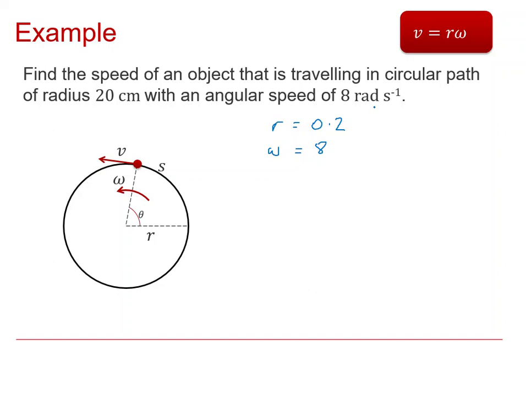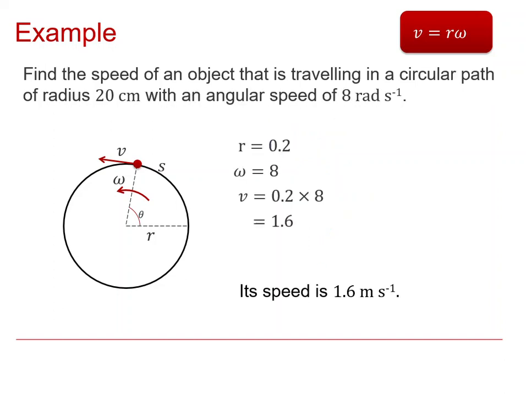We've extended our idea of standard units to say that when we're talking about circles we use radians and hence radians per second, and so the relationship in the top right hand corner of the slide says that we need to work out 8 times 0.2, which is 1.6, and that has to be metres per second. So there we have the calculation and the answer in context using the units.